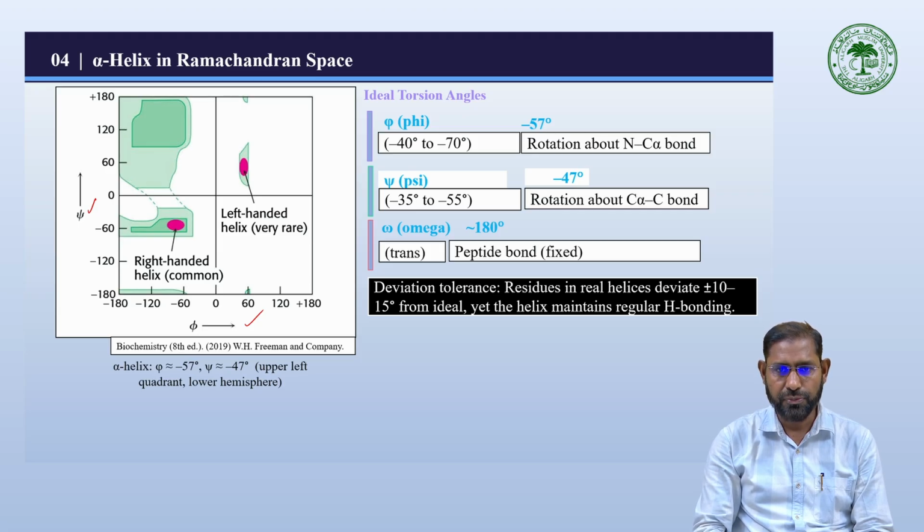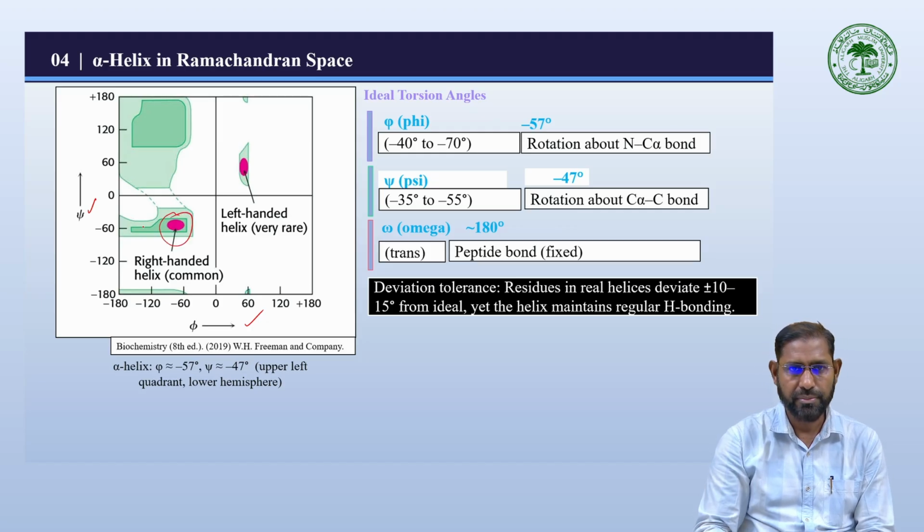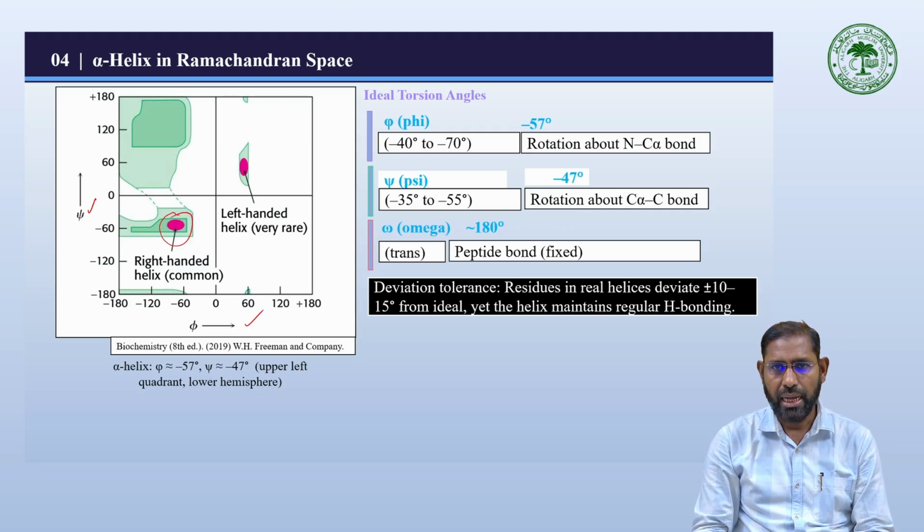For the alpha helix, the most preferred region is minus 57 degrees phi and psi minus 47, in the upper left quadrant, lower hemisphere. This is the right-handed helix, the favored conditions. Ideal torsion angles: what is the ideal?